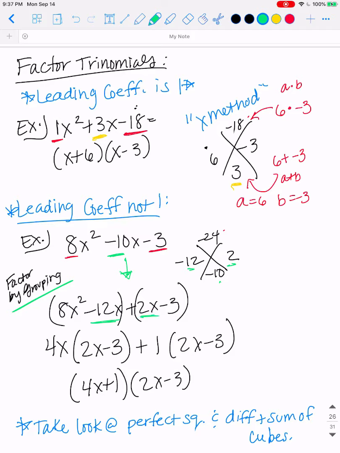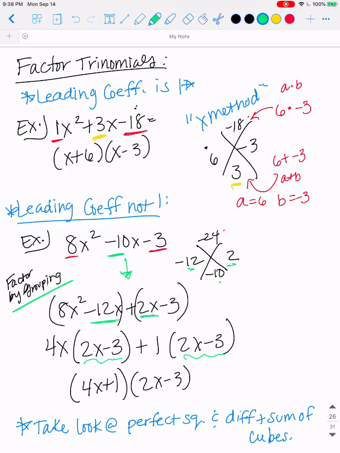Then we're going to factor by grouping. Again, the goal is to get these two to be equal. The first term we can factor out 4x and get a 2x minus 3. And then the second term we just factor out a 1. We're just going to leave it. So we could combine the 4x plus 1 and then the 2x minus 3 for our factored terms.